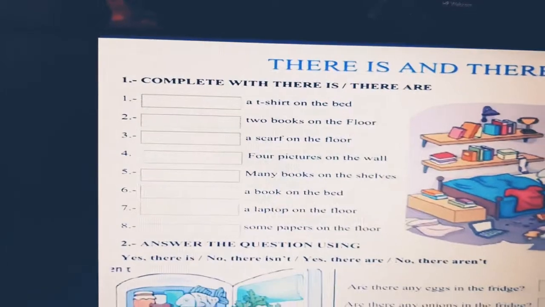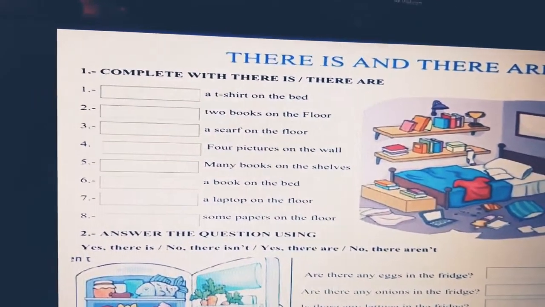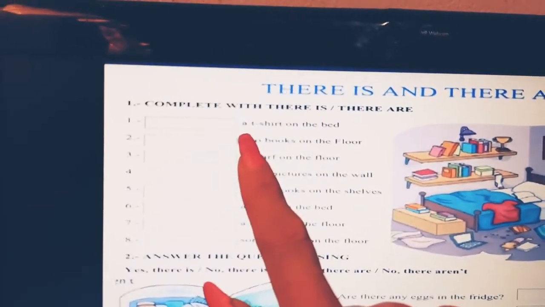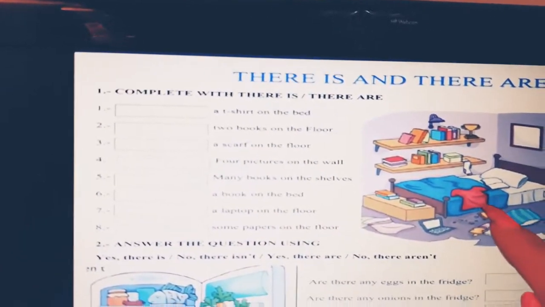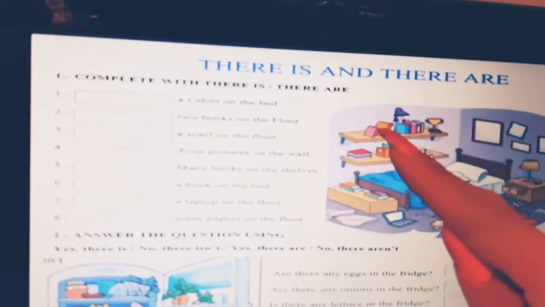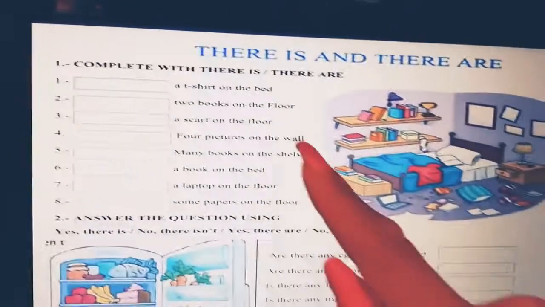So, number 1, one example. It's there is or there are. I suppose it's there is because we have a, and remember I told you, a is for singular. There is a t-shirt on the bed. This is the t-shirt, okay? So, books. I have more books here. Okay, a scarf.